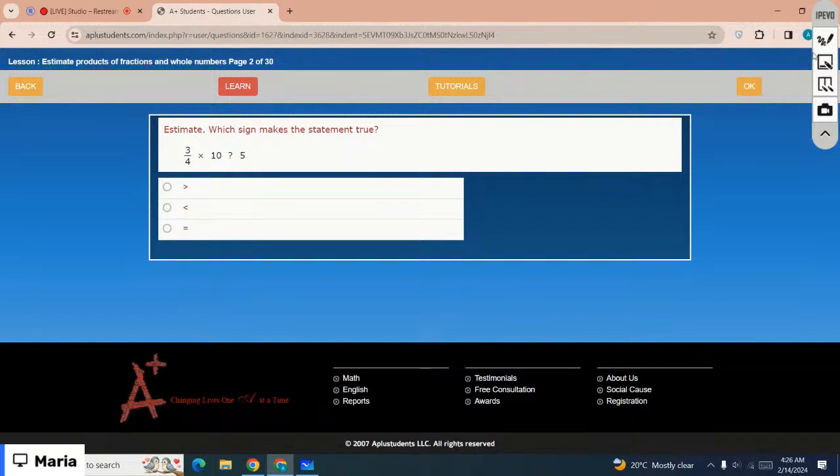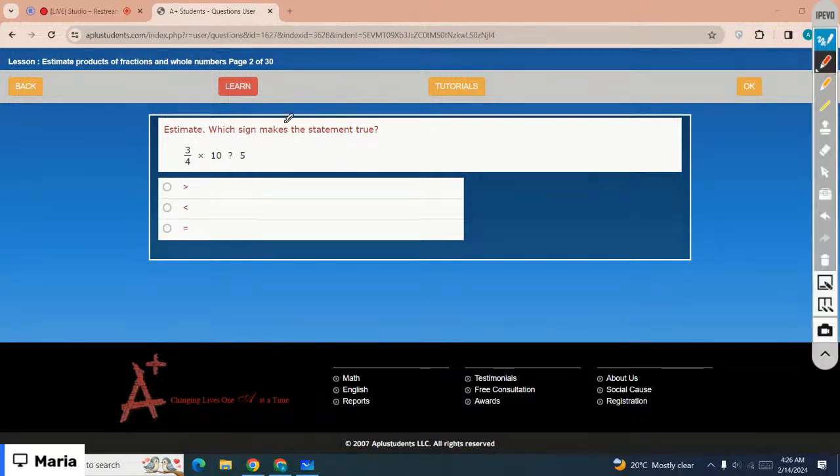Okay, that is 3 over 4 times 10, compared to 5, right? Here you have 10 and here you have 4, right? You cannot divide 10 by 4. You do not have 10 in the table of 4, right? But you have 4 times 1 is 4, 4 times 2 is 8, 4 times 3 is 12. You can replace this 10 by 12. Why?